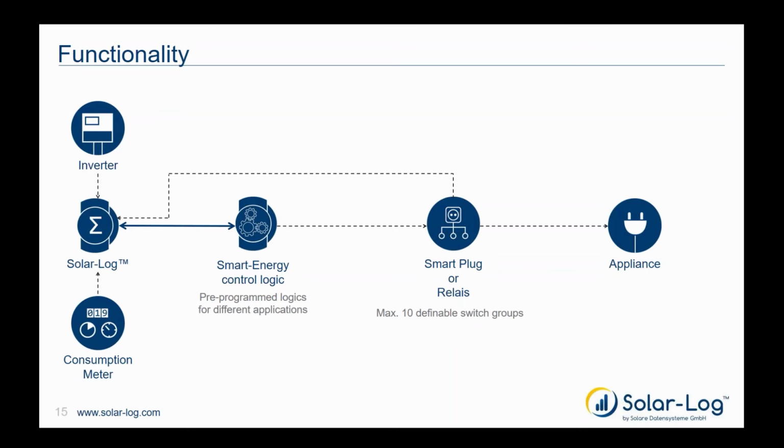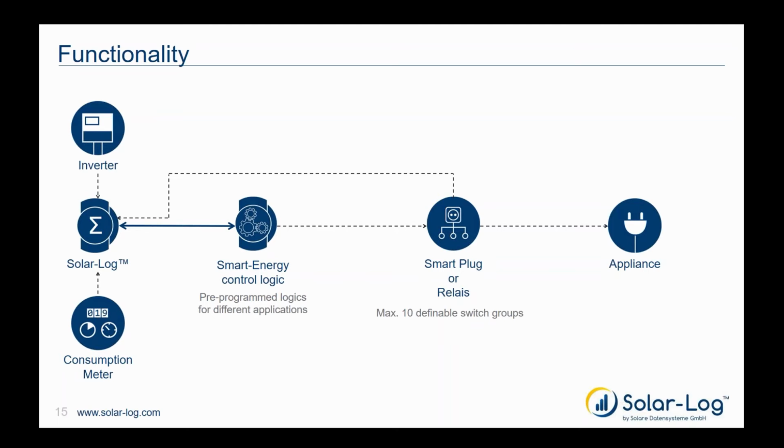And this smart energy logic decides in which case the smart plug or the relay or the switch should be turned on and off. And the smart plug does the physical switching on and off for the appliance. What you can see, there's also a back channel from the smart plug or the relay to the Solar-Log. So these are intelligent plugs which can also measure the load.